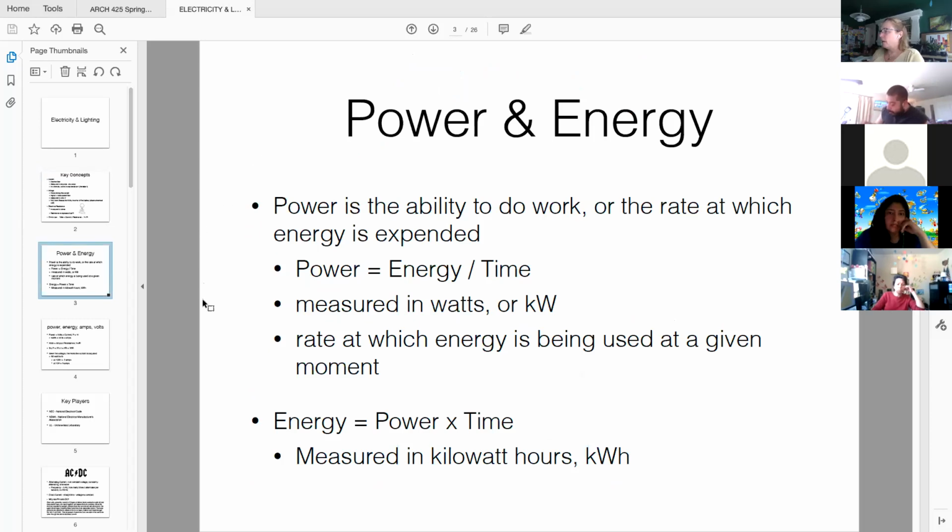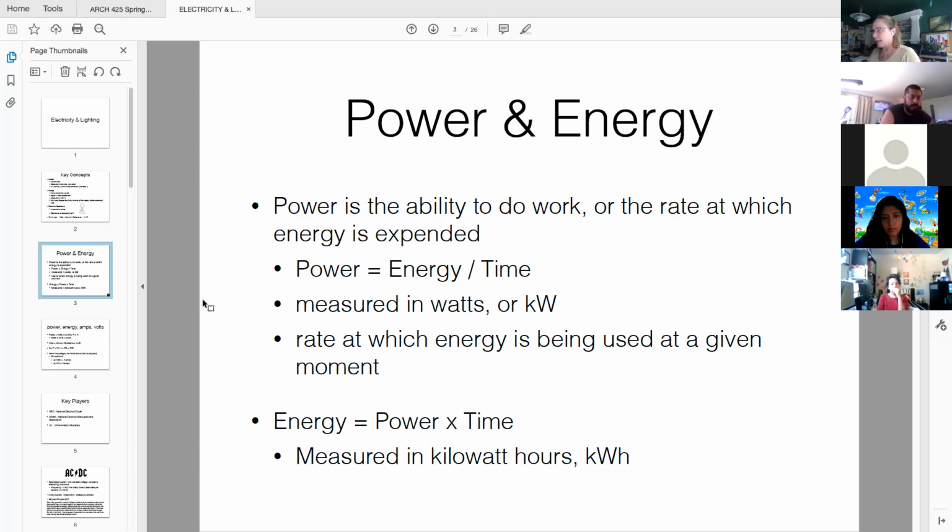So similar to a heating load or a cooling load on a building, we talked about BTUs, which is a measurement of energy. The corresponding concept in electricity is the power, which is the kW, or the kilowatts, or the watts, okay? It's like BTUs, it's an instantaneous measurement of power.